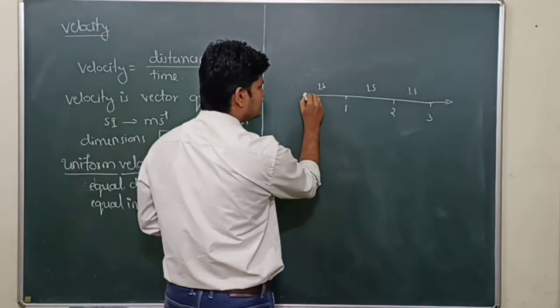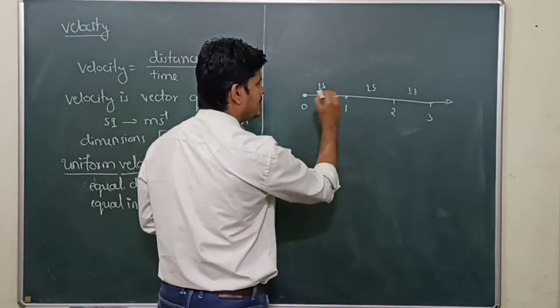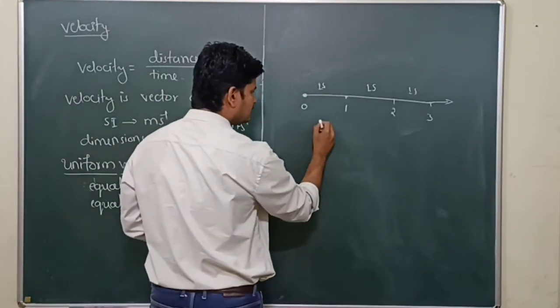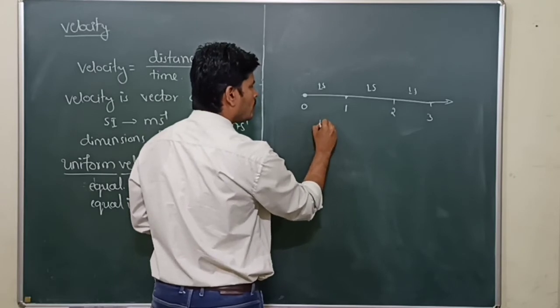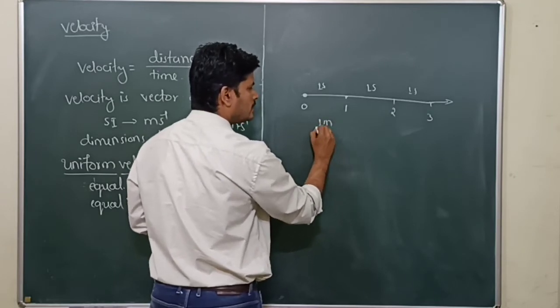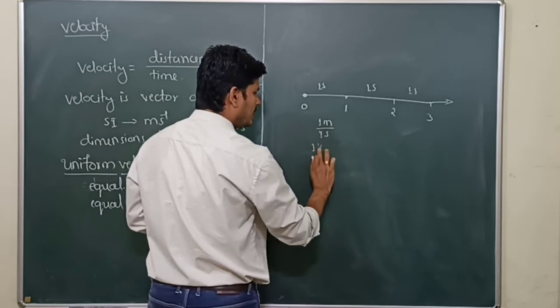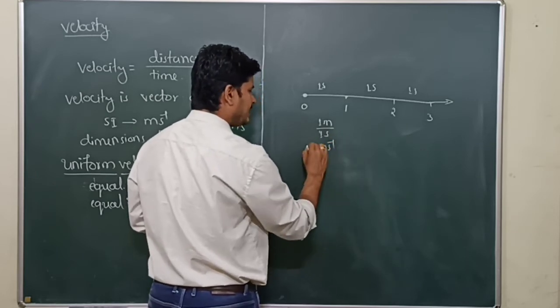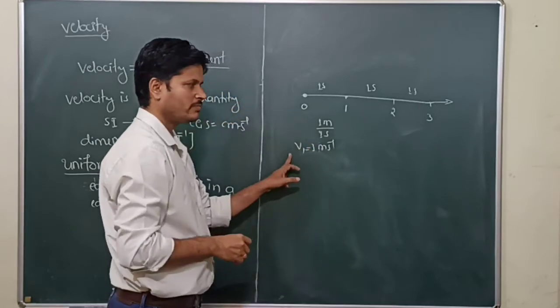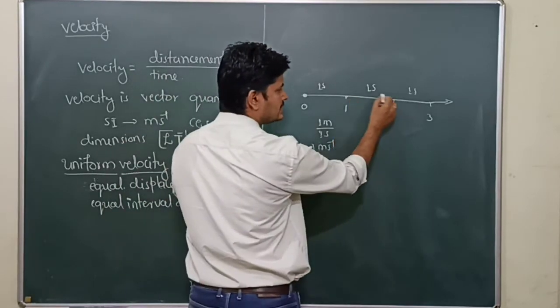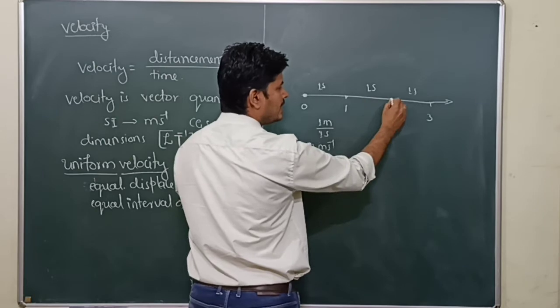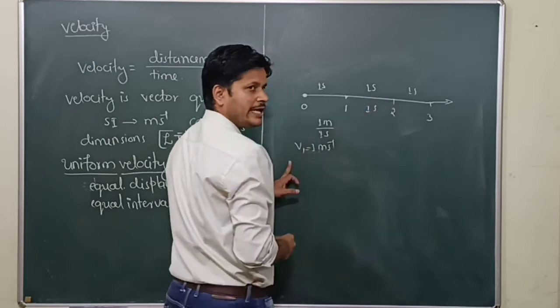Now see here, what is the velocity in between these two intervals? The velocity is 1 meter divided by 1 second, that is 1 meter per second, its velocity v1. Now look at the second one. From here to here, it takes 1 second only.